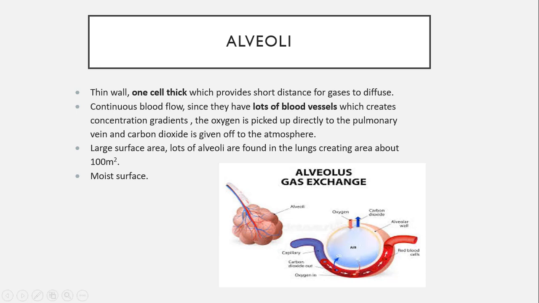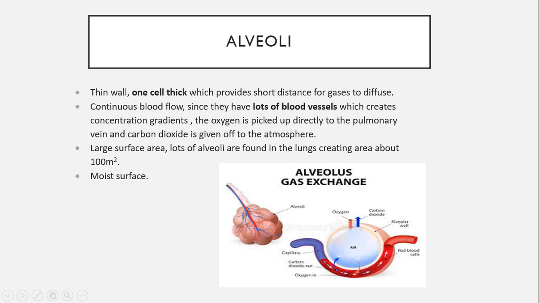As you see, the alveolus is one cell thick only. You have to know why the alveolus is efficient at diffusion or gaseous exchange, because it has a thin wall, one cell thick, which provides a short distance for gases to diffuse. As we said, there is continuous blood flow.